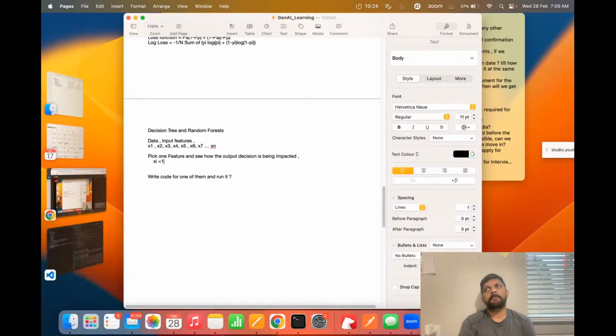Then it would pick up a feature and a certain value of that feature, which would effectively segregate the output into two parts, positive and negative, and preferably in a way that one of them has more positives or negatives.